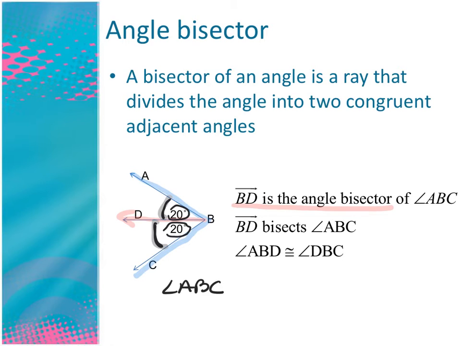So when you have a bisector, it makes two equal angles. So ABD, this one, ends up being equal to this one because they told us this big angle was bisected.